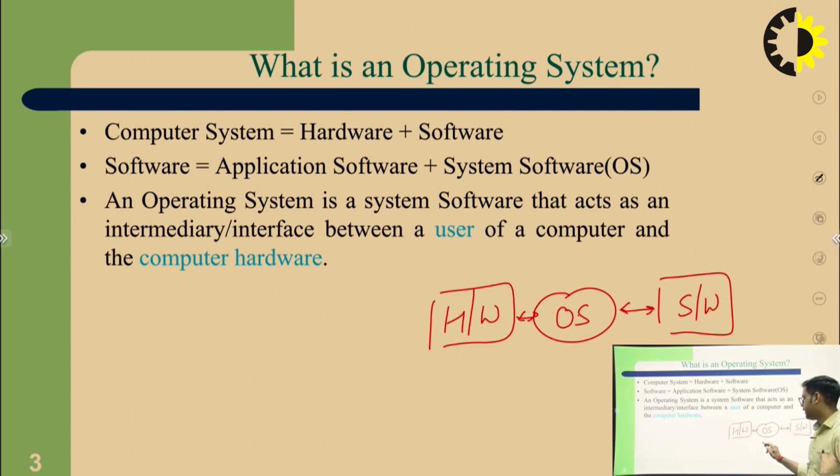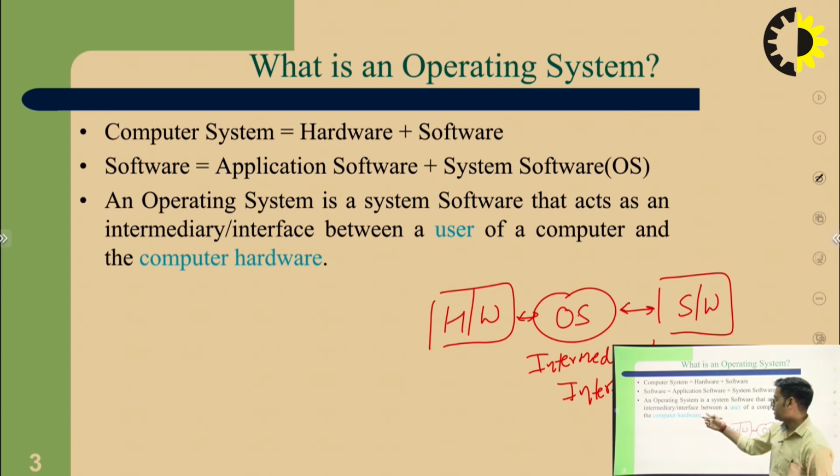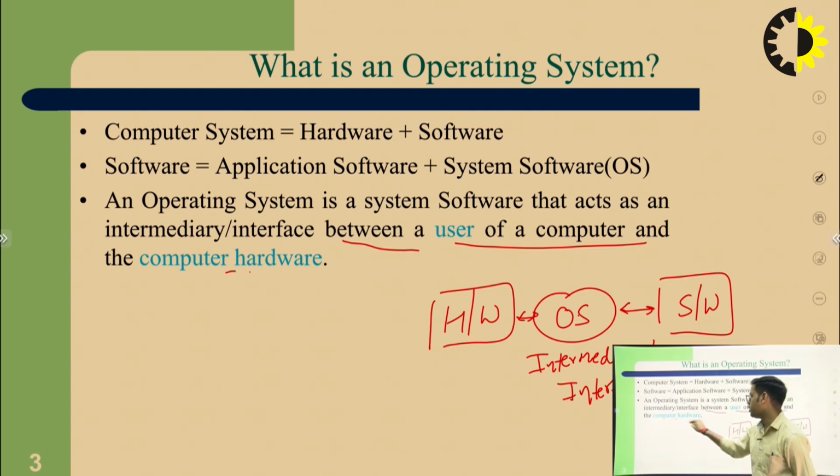So it is an interface, or we can say that it is an intermediary interface between the hardware and software. As per this line, it is an interface between a user of computer and the computer hardware.